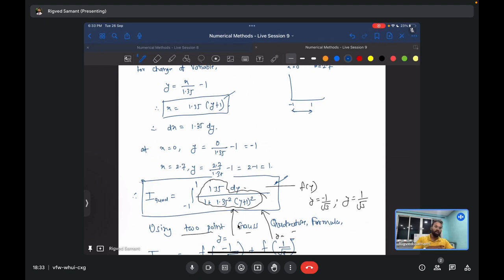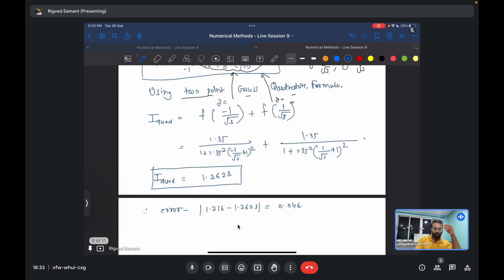Then we saw how to reduce the error, or increase the accuracy of the results, if you have a trapezoidal rule value applied for different interval limits.